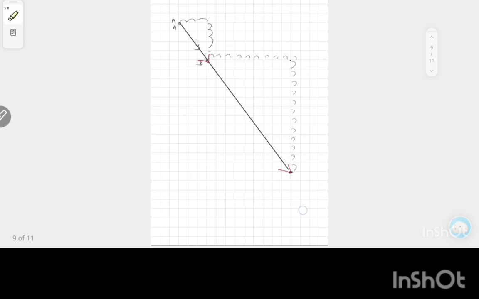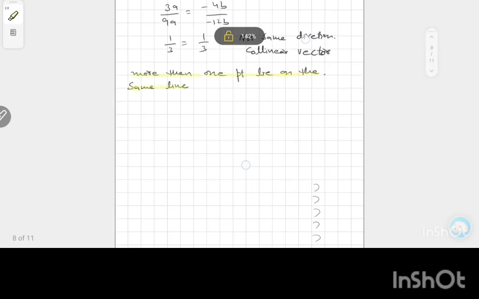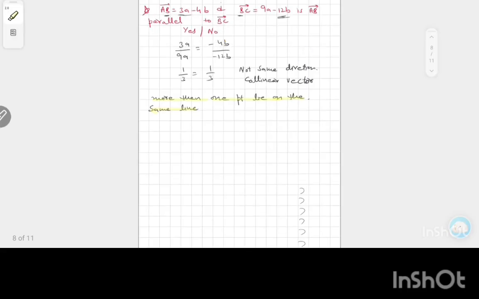Now we will discuss the difference between same direction and collinear vectors and collinear points. Collinear points, I will repeat again, are those points where two or more points lie on the same line.